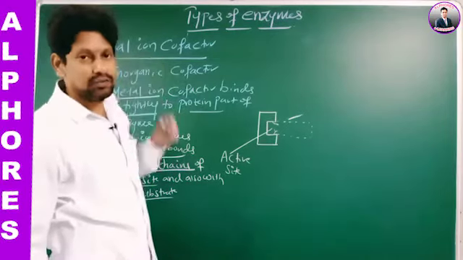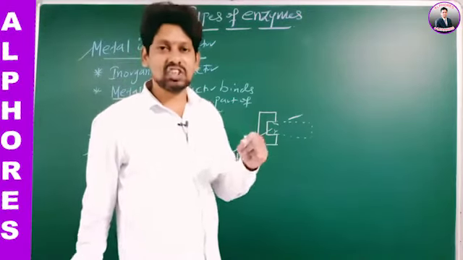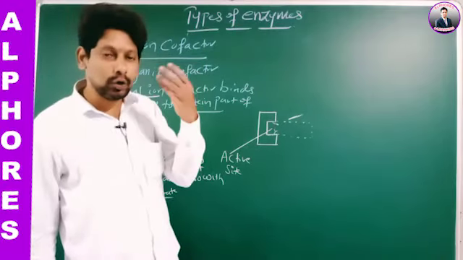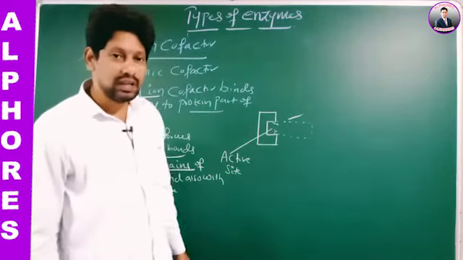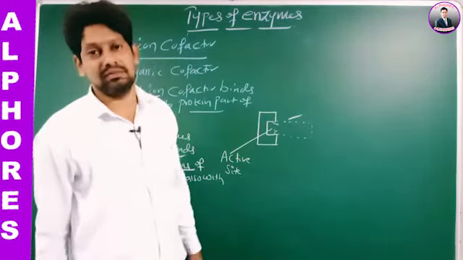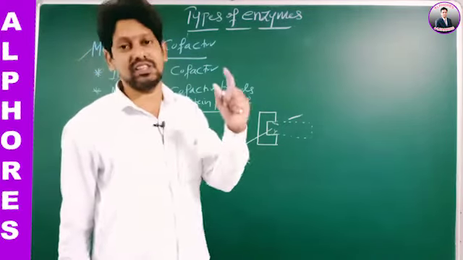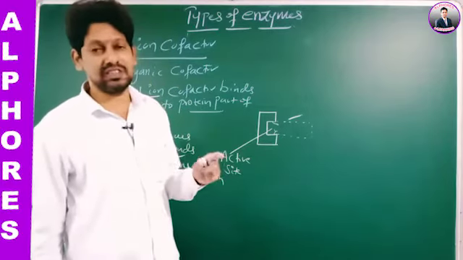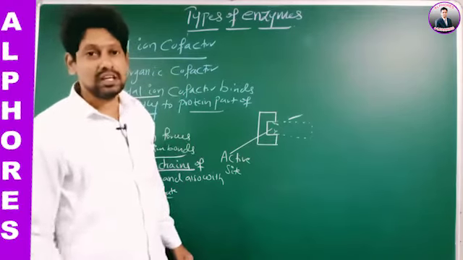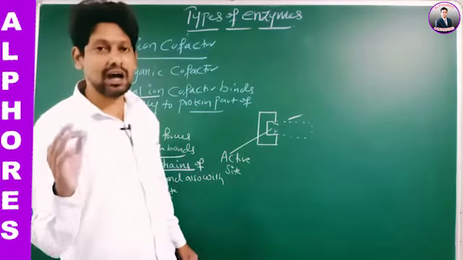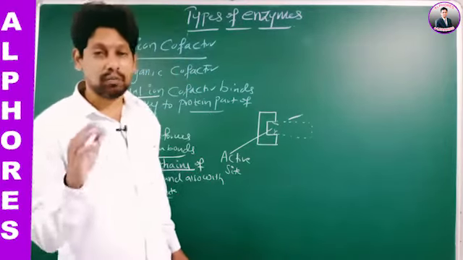Examples of metal ion cofactors. In the mineral nutrition chapter, we classified essential elements into four broad categories based on diverse functions. There we discussed one box where essential elements act as activators of enzymes. That complete box is an example for metal ion cofactors. Mg+2 acts as a metal ion cofactor for Rubisco and pepcase, that is PEP carboxylase.